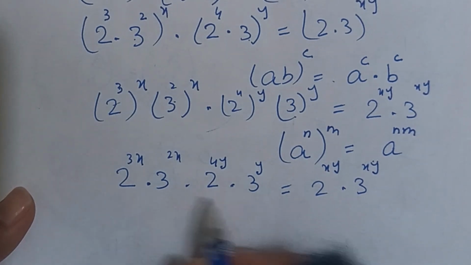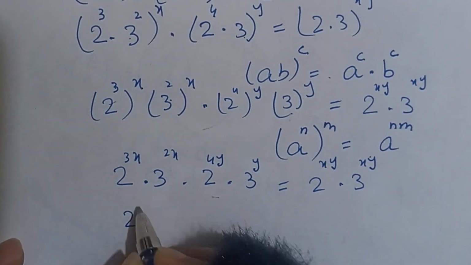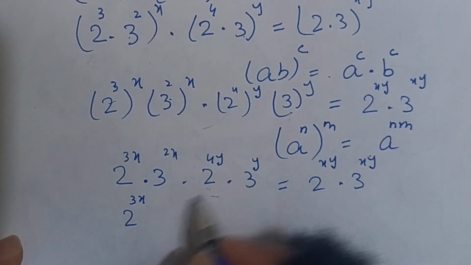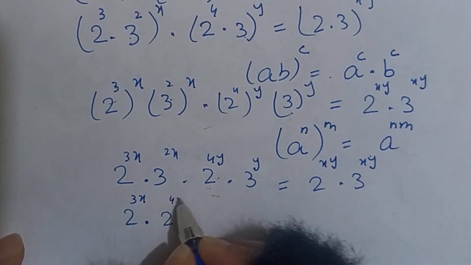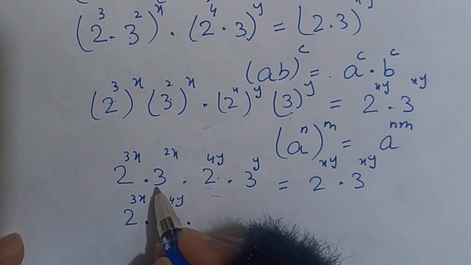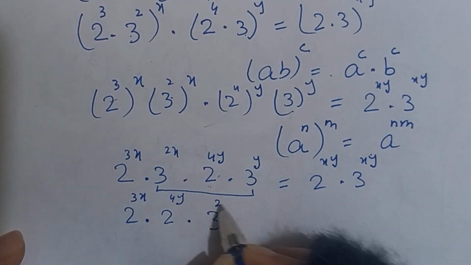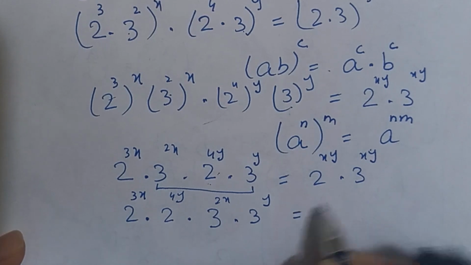In the next step, we arrange our left hand side. We can write 2 raised to the power 3x, and since the base is also the same in this term, we write 2 raised to the power 4y first. After that, we write 3 raised to the power 2x multiplied by 3 raised to the power y, because the base is the same.